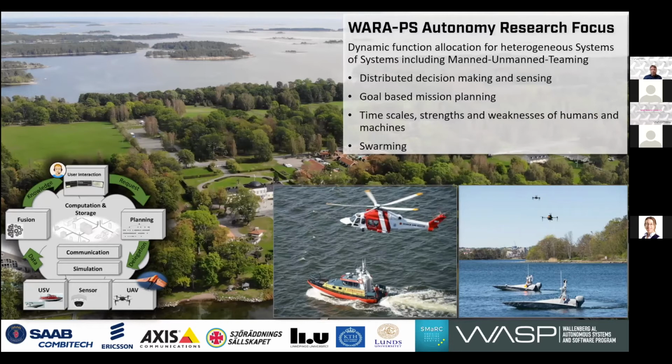Topics of interest are distributed decision making and goal-based planning, for example, and to stress the collaboration between humans and machines. We introduce different examples here, also swarming technology. But to form this autonomy research, we also need topics like positioning, machine vision and analysis.